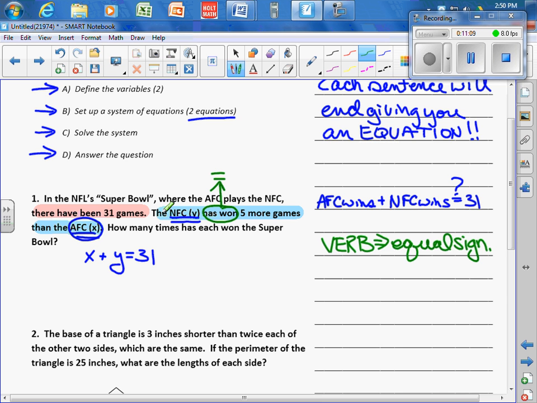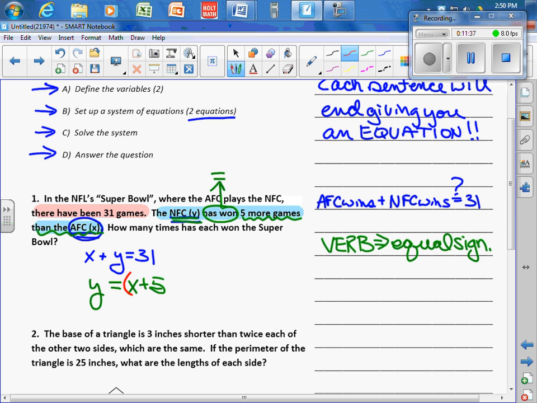There's your equal sign. Well, the NFC, Y, has won equals. Now what we need to do is translate 5 more games than the AFC into a verbal phrase. What does that mean? How would we write 5 more than X? X plus 5.